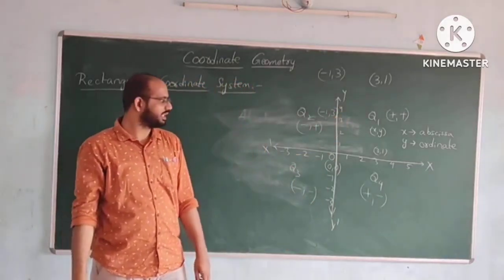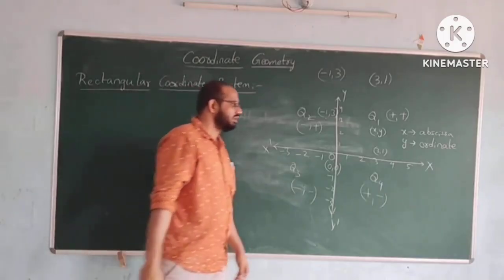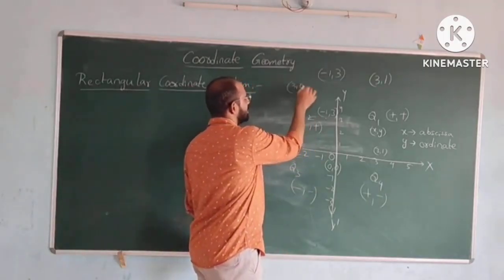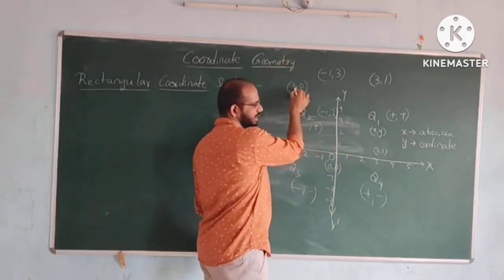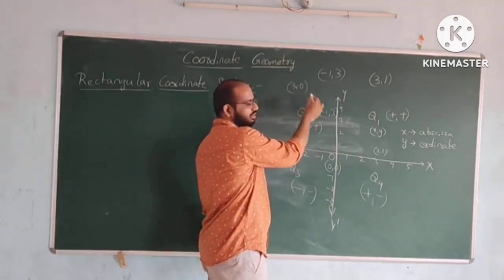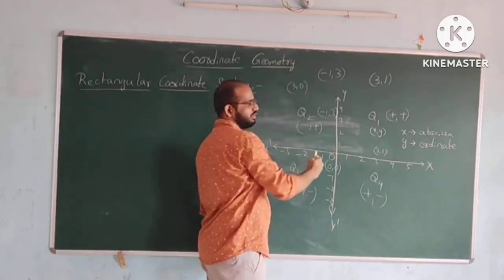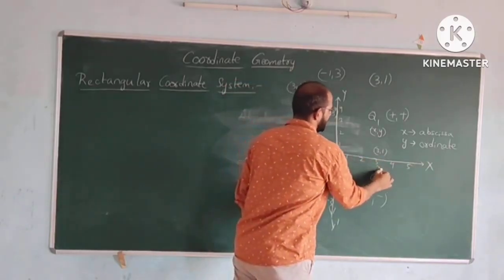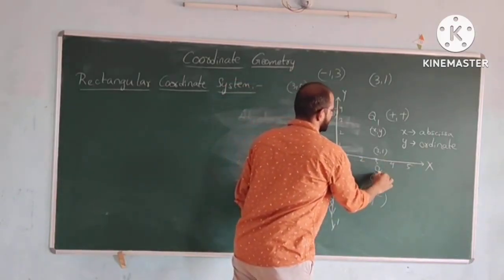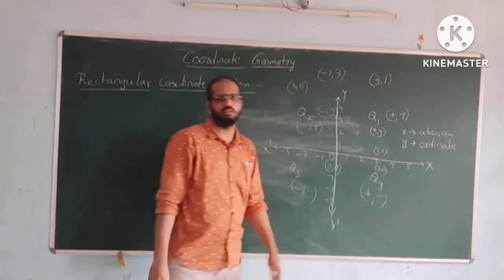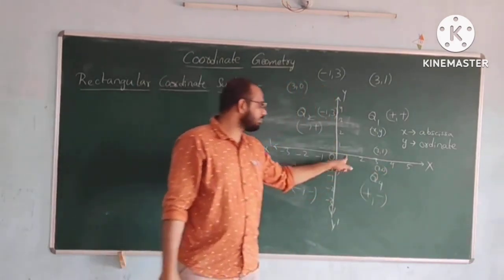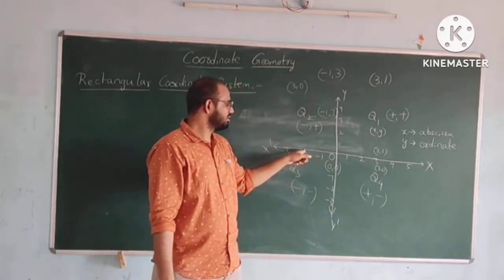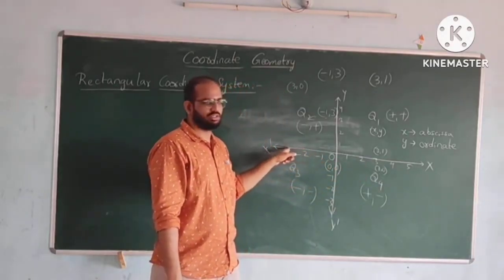Now, if you want to locate a point whose coordinates are 3, 0, there is only an x value, and the y-coordinate is 0. So there is no vertical movement, there is only horizontal movement. So this is the point 3, 0. These points are 1, 0, 2, 0, 3, 0, 4, 0, and minus 1, 0, minus 2, 0, minus 3, 0.